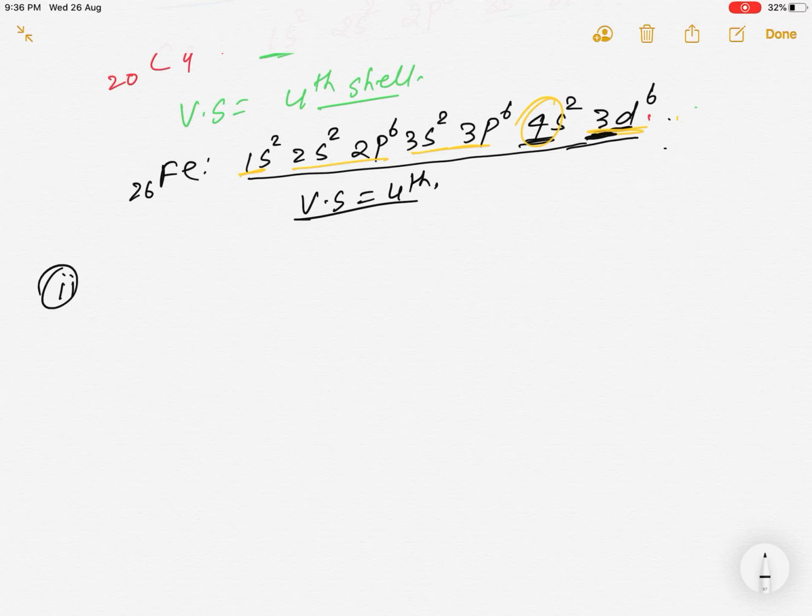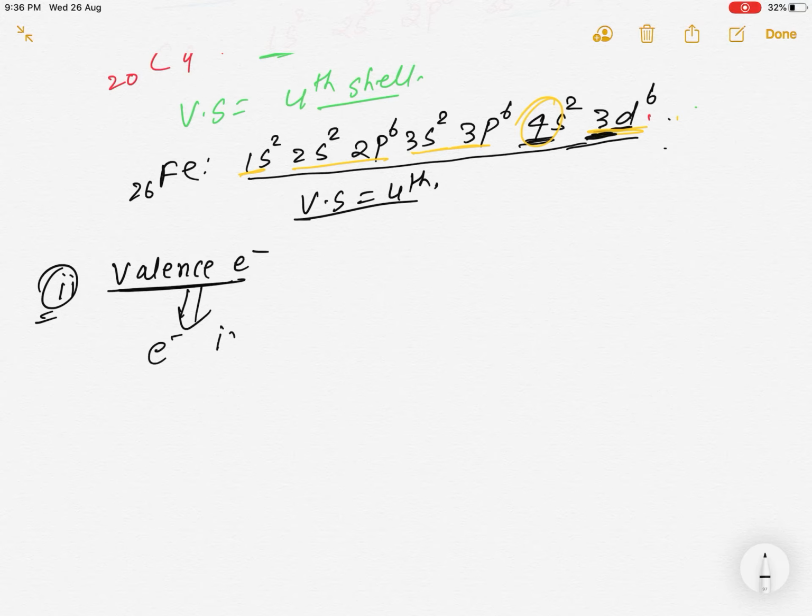Now, the second thing that you can find using the electronic configuration is valence electrons. Now, what are valence electrons? As the name suggests, you are already aware of valence shell. So valence electrons are nothing but the electrons present in the valence shell.